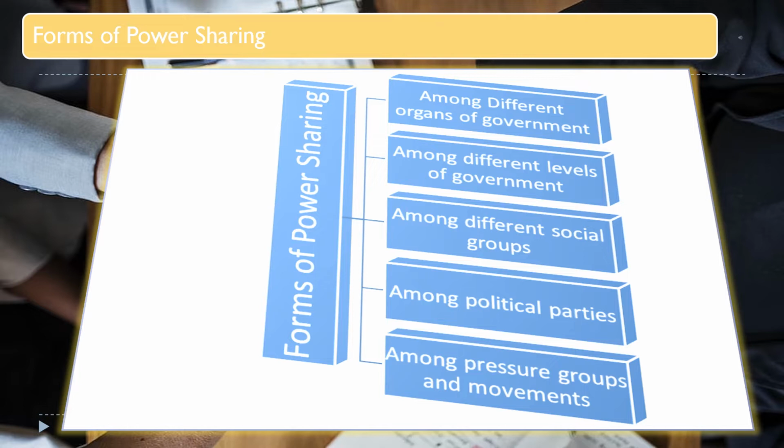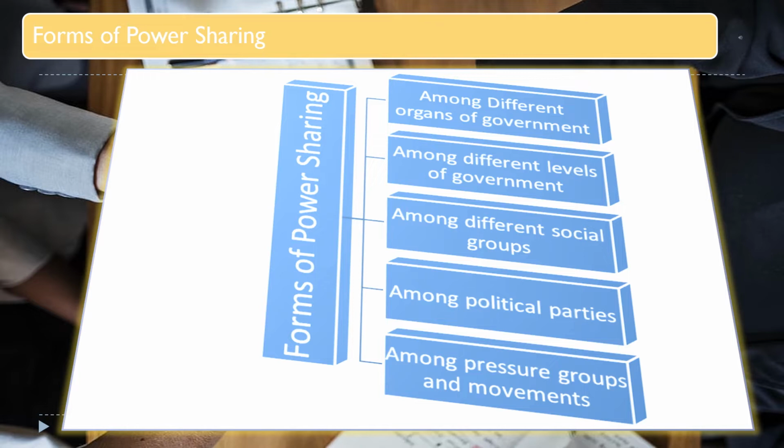The second is among different levels of government, from higher to lower level, like central government, state government, and further local self-government. And in Belgium, as you remember, we have studied another one also, that was community government.